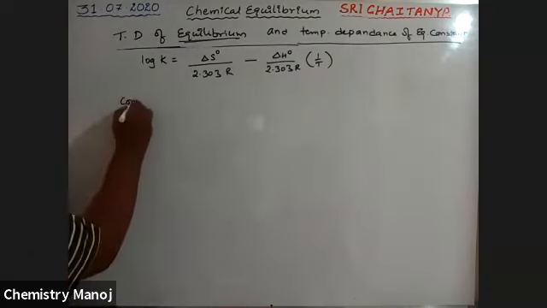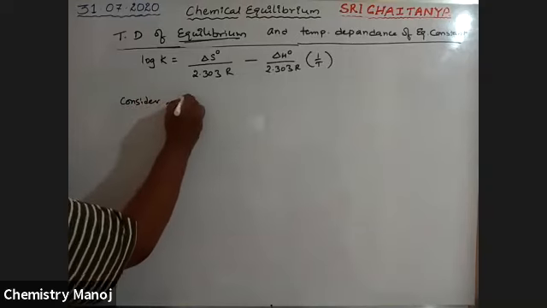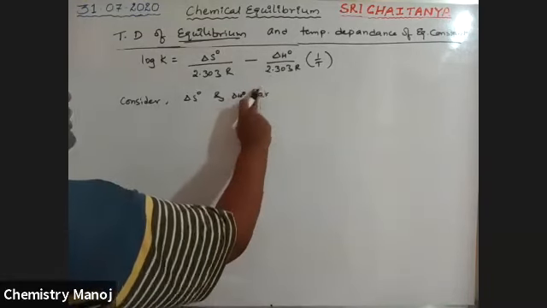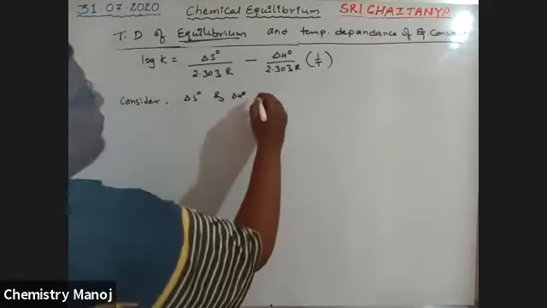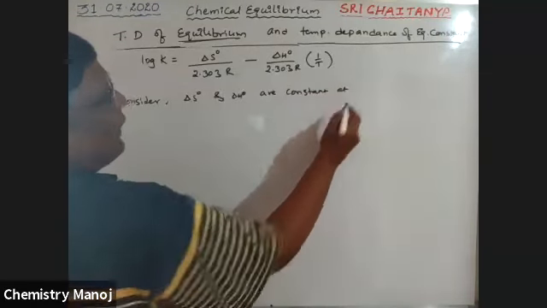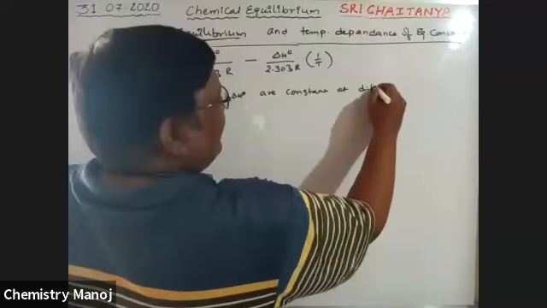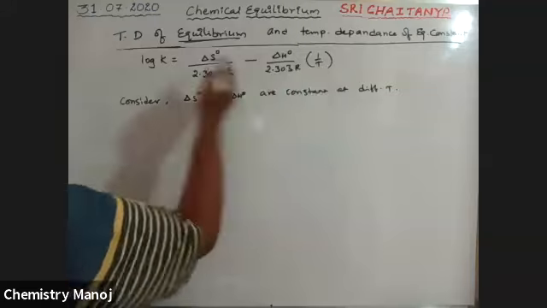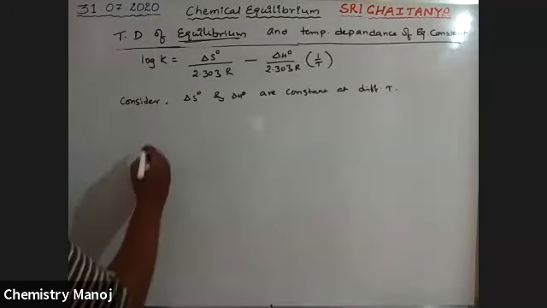So consider that delta S naught and delta H naught of a reaction are constant at different temperatures. Next, at temperature T1, K1 is the equilibrium constant.